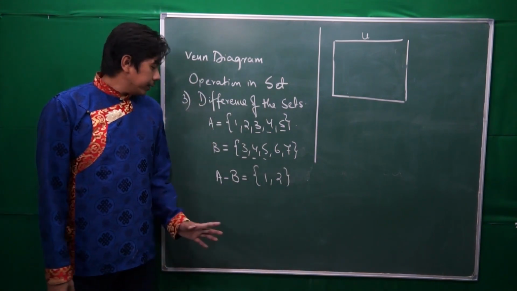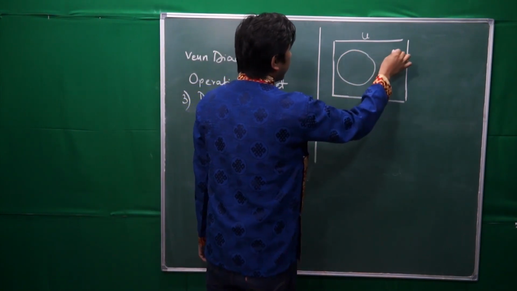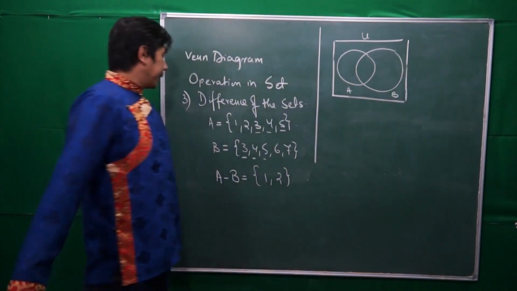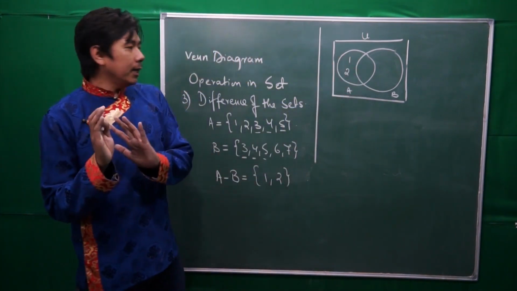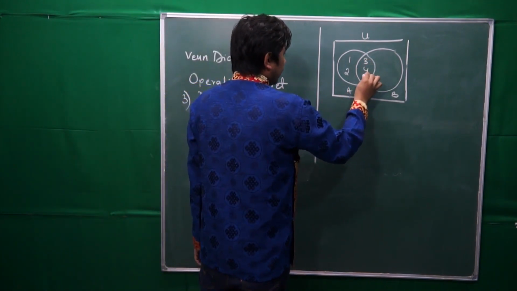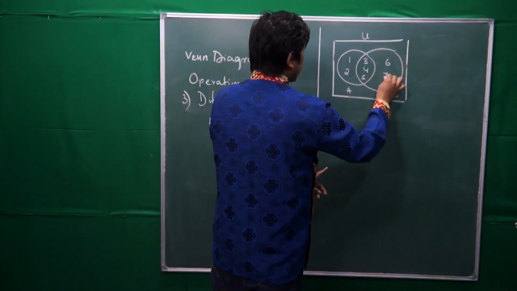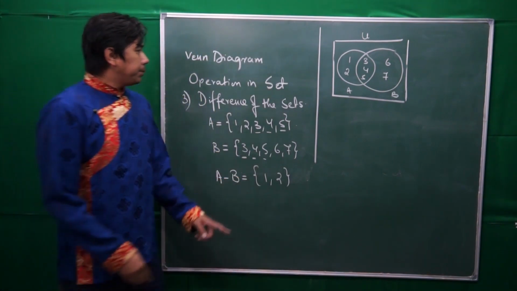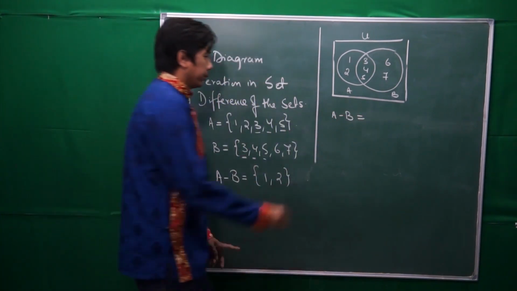All right. How do you represent it? Set A, set B. Set A has elements 1, 2, 3, 4, 5. 1, 2 being the only elements that are exclusively A. And 3, 4, 5 are the shared elements with B. 3, 4, 5 being written, 6 and 7 exclusive to B. So A minus B, as I have told you, the answer is 1, 2.